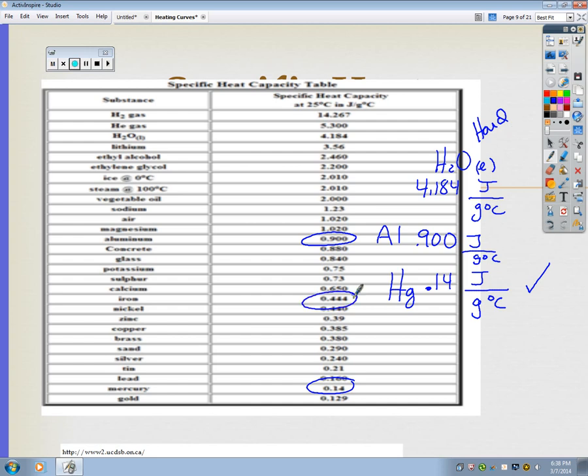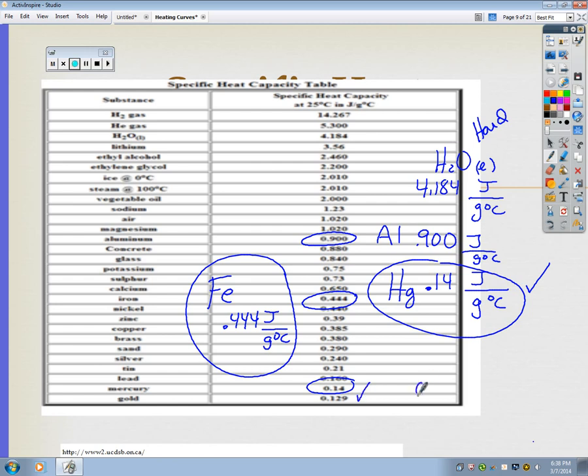So question, look at iron. Iron has a specific heat of 0.444 joules per gram degrees Celsius. Which one heats up easier, aluminum or iron? Iron does because it's got a lower specific heat. Aluminum has a harder time heating up, whereas mercury, well, that takes hardly anything. And look at gold.